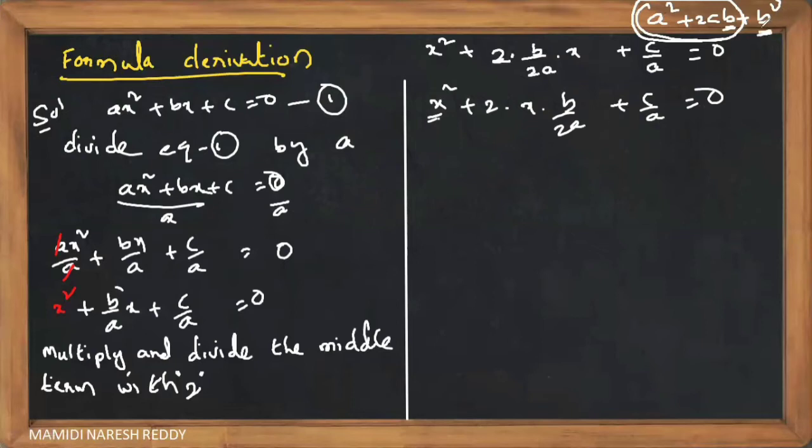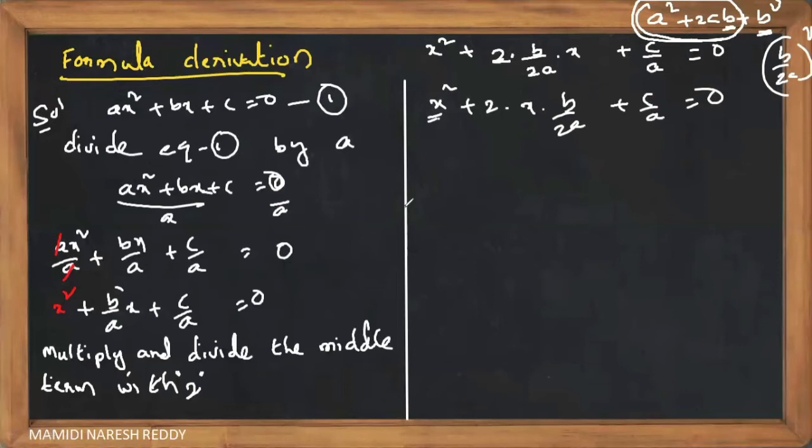Now, tell me, children, what is the value of b here? We need b square, which means b by 2a whole square. Can I write directly plus b by 2a whole square? Wonderful.